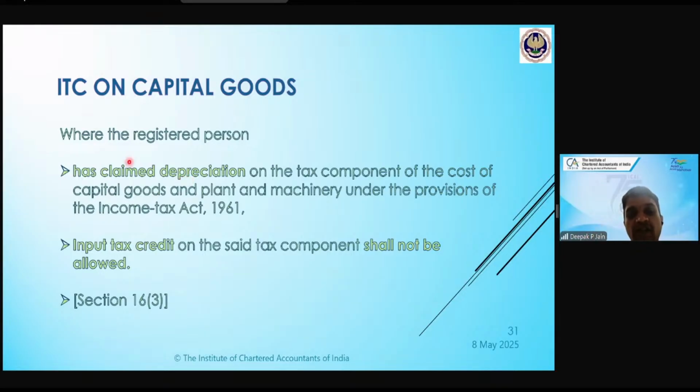That's why it says where a registered person has claimed depreciation on the tax component of the cost of the assets. You have purchased an asset, a laptop, which is worth 1 lakh rupees, right? And the supplier has charged you GST of 18,000 rupees. So 1 lakh 18,000. So on what value do you take GST and on what value do you take depreciation?